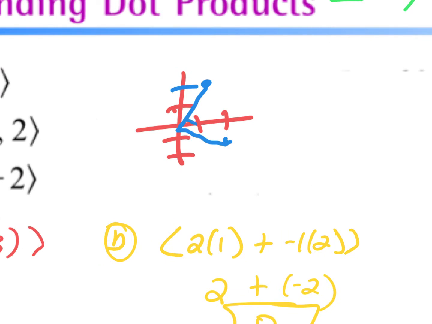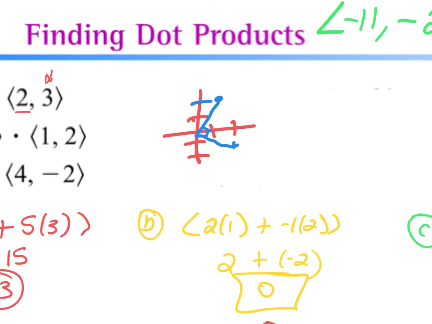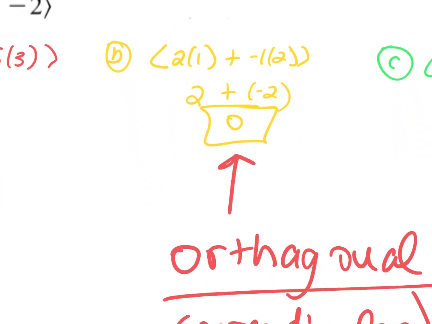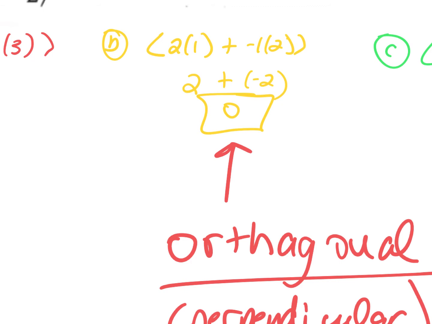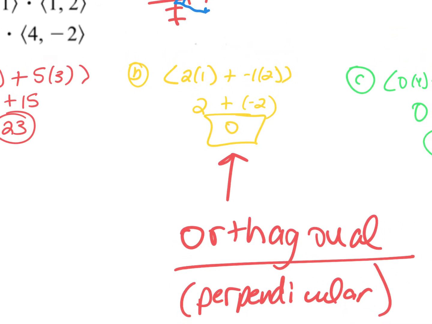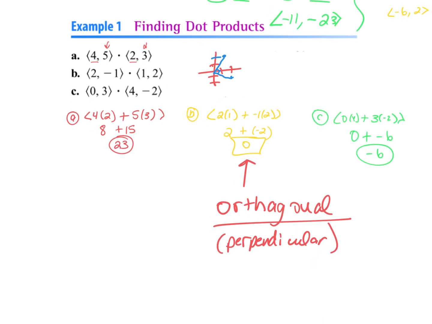What is formed right here? A 90-degree angle, right? So graphically, when you graph them, they form a 90-degree angle, which means they're perpendicular. But in our vector terms, that word is orthogonal. If you tell me perpendicular, I'm going to mark it wrong because the word is orthogonal. Make sense? Okay, you guys good?